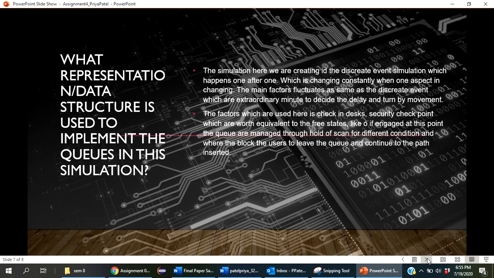The factors used here are like check-in desks and security checks, where we use the maximum wait time, which is equivalent to the free state, like 0. If we engage at any point and any queue is managed through a hold or scan, then this will be 0. If there is a 1, then the person can move forward, right? Or forward under different conditions, where the block allows the user to leave the queues and continue on their path.